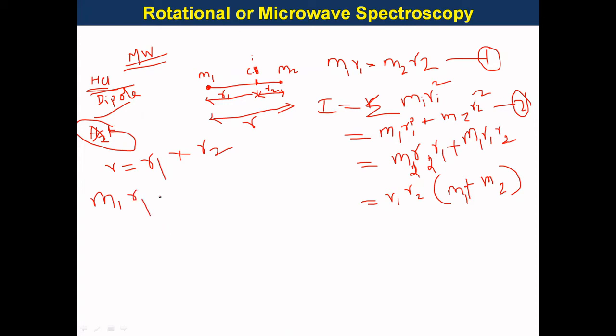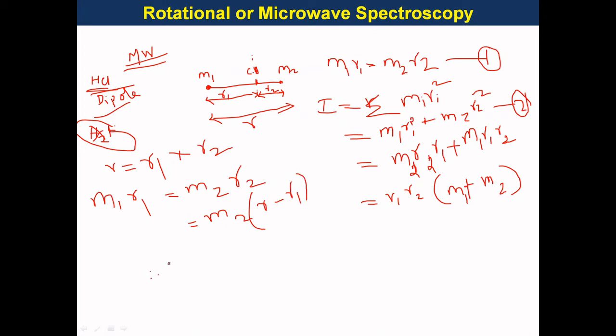Taking equation 1 and substituting the value of r from equation 4, m1 r1 equals m2 r2, which is equal to m2 into r minus r1. So m1 r1 equals m2 r minus m2 r1.